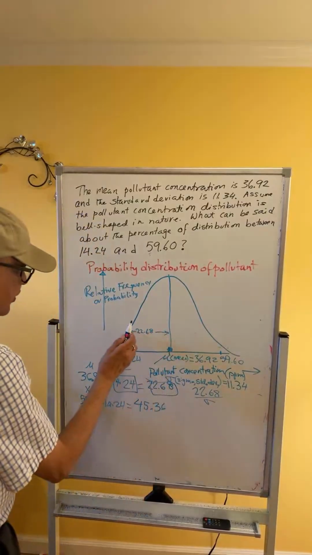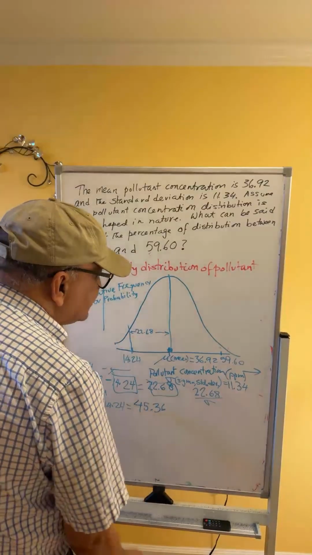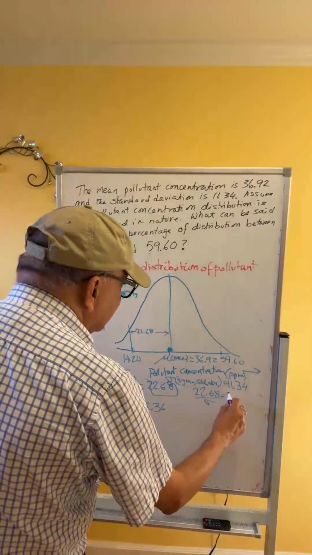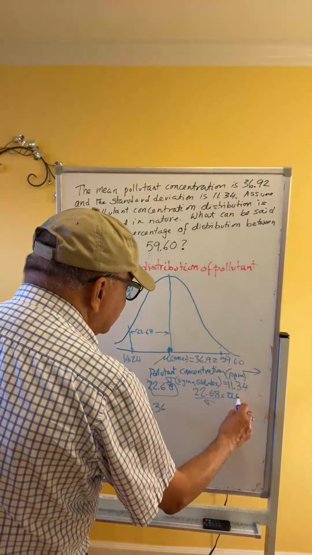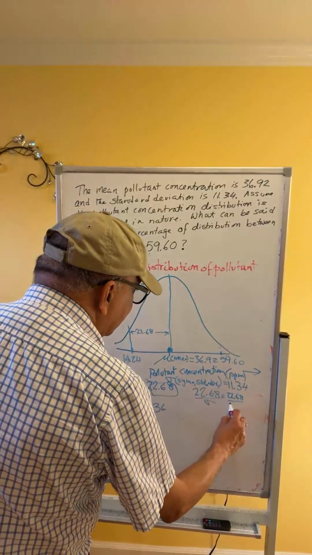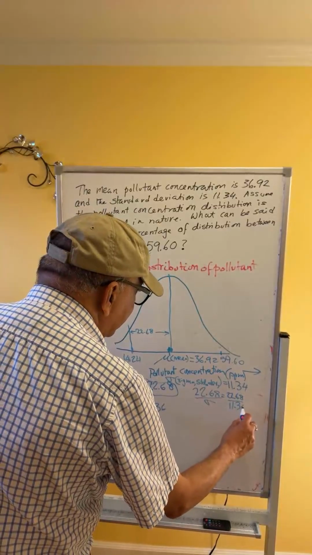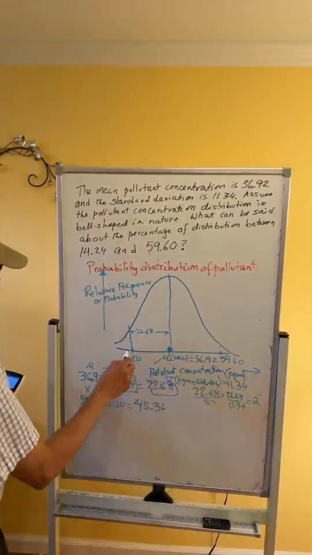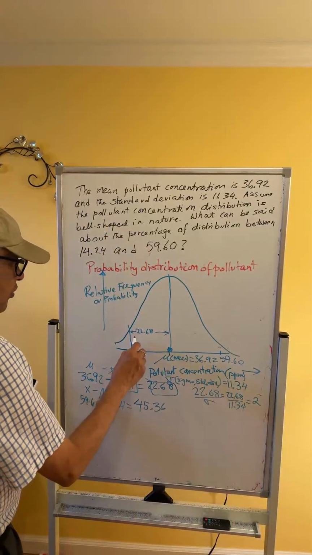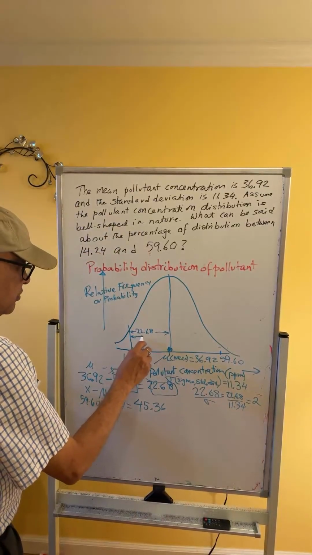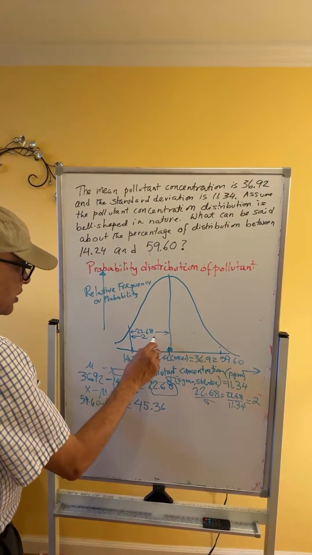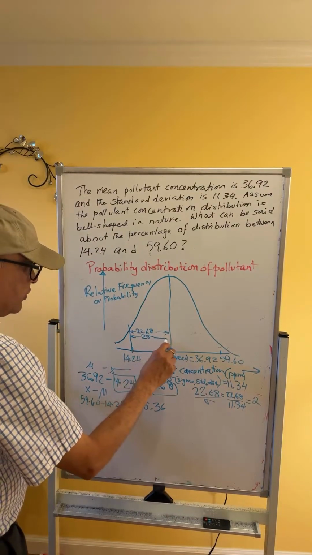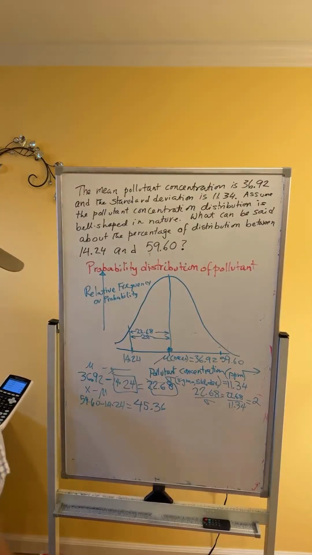So this difference divided by the standard deviation is 22.68 divided by 11.34, and that is equal to 2. So this point 14.24 is located 2 standard deviations on the left of the mean, 2 sigma.